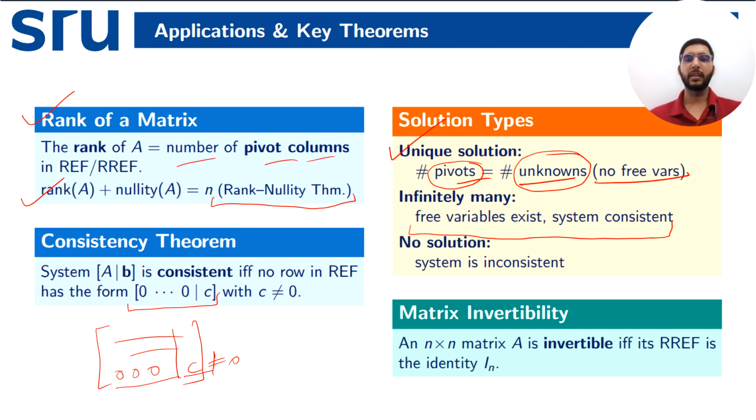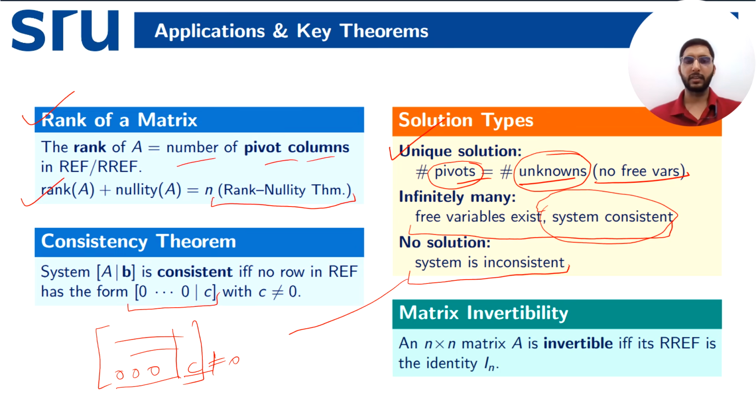If the number of pivots is 2 but the unknowns are 3, we will get infinitely many solutions, and that one free variable is responsible for the infinitely many solutions. Then at the end we have no solution, and the system is said to be inconsistent, correct?